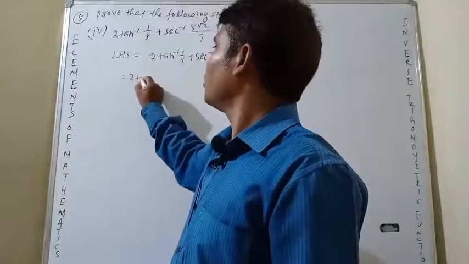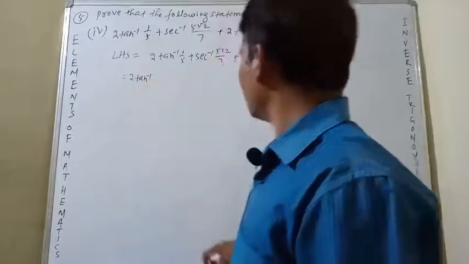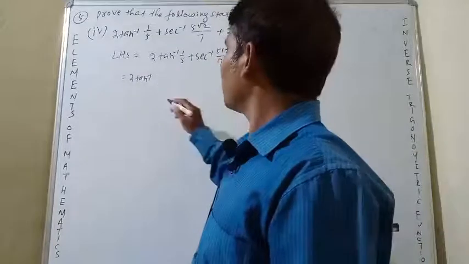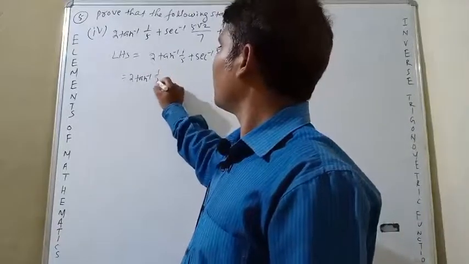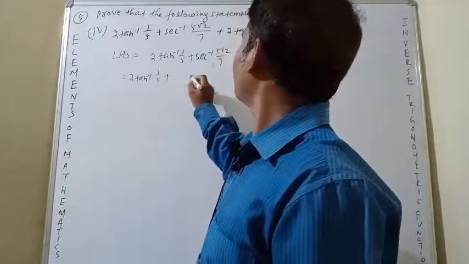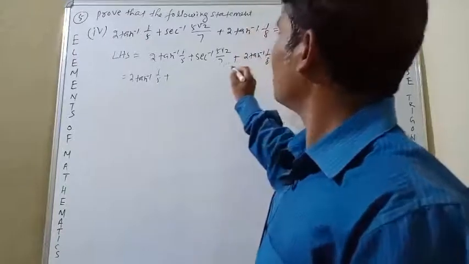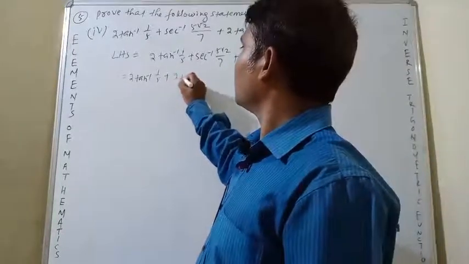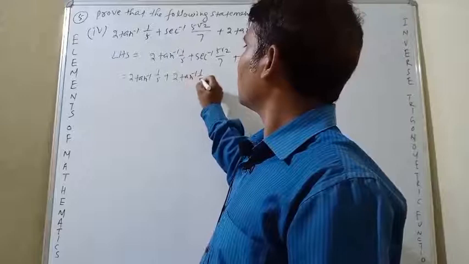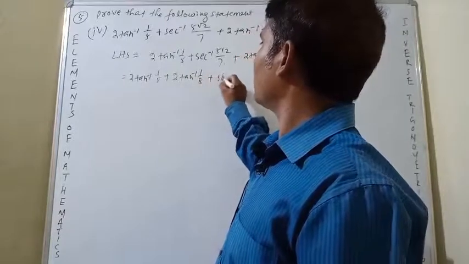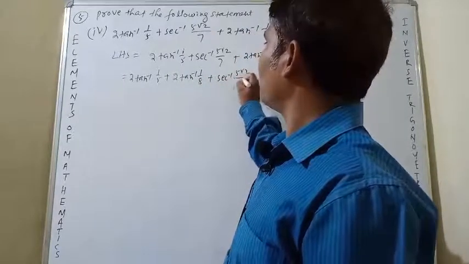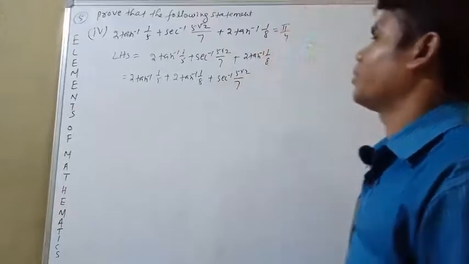So 2 tan inverse 1 by 5 plus 2 tan inverse 1 by 8 plus sec inverse 5 root 2 by 7.